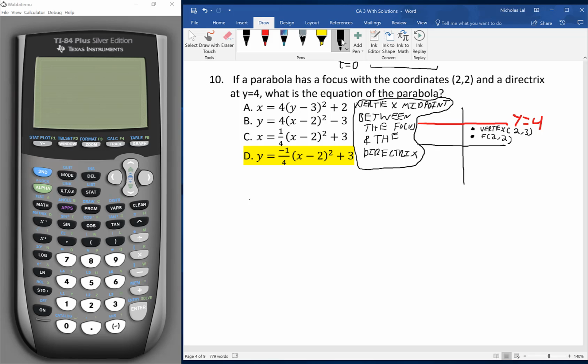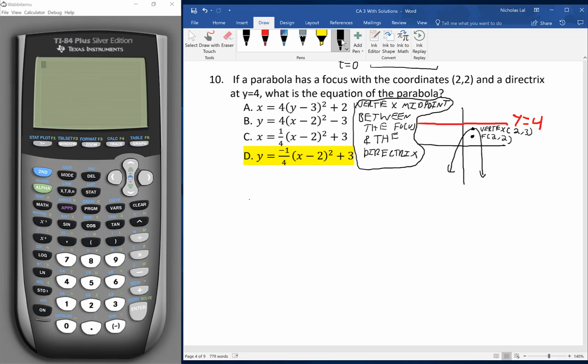Let's get it done. So in that saying, now we take the standard form of a vertical parabola, because this parabola is going to go as such.